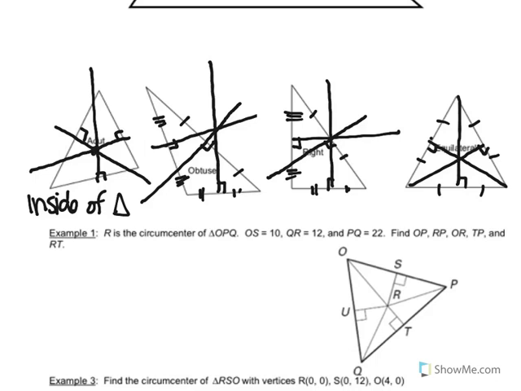And on an obtuse triangle, you'll notice that the circumcenter is on the outside of the triangle. And on a right triangle, it ends up being on the midpoint of the hypotenuse.